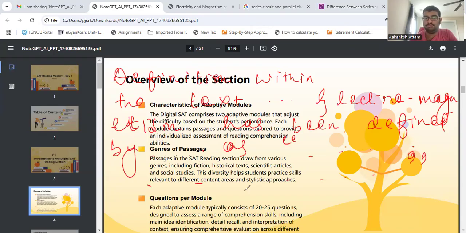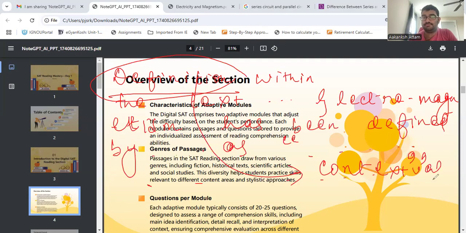You might have come across this kind of sentences. So that is nothing but the definition within the text. And it is a very important contextual clue.